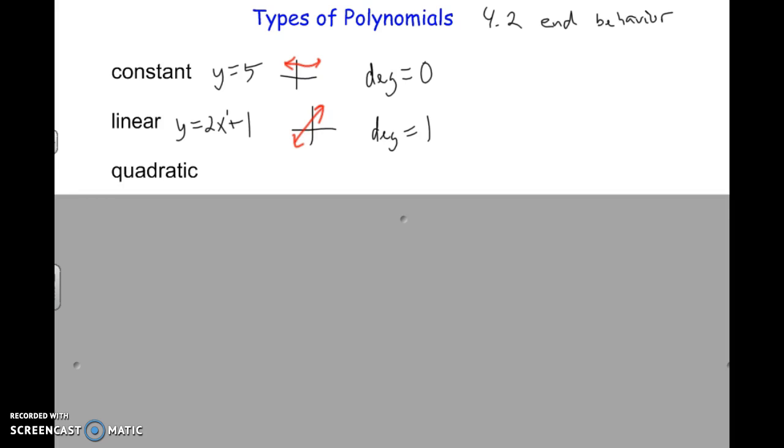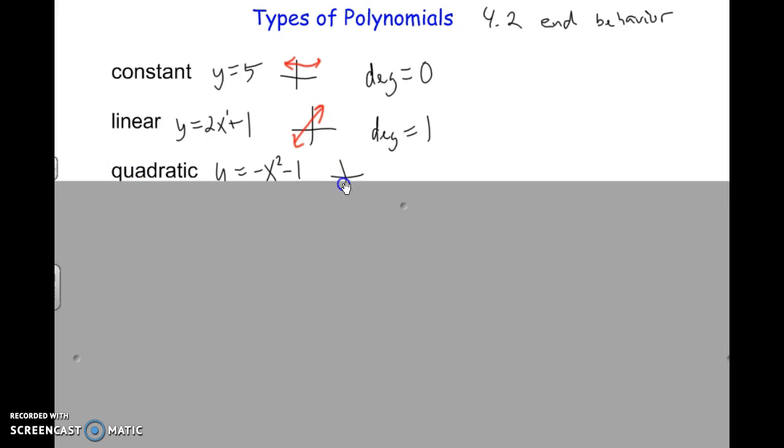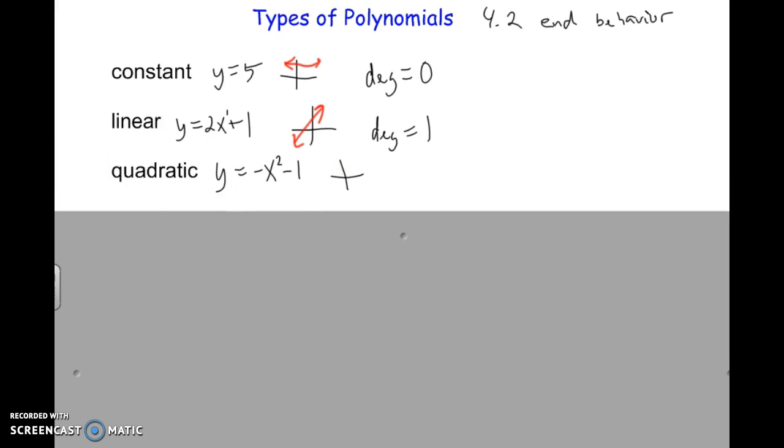Quadratic is our second degree, like y equals negative x squared minus 1, something like that. The graph of these is going to be the shape of a parabola, something like that, and so these are all degree 2.